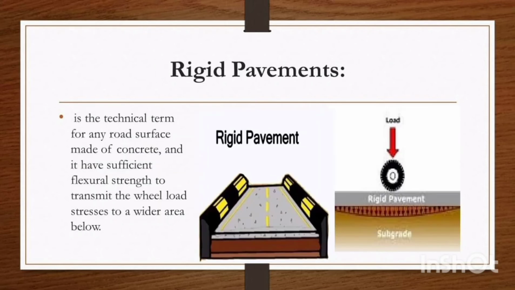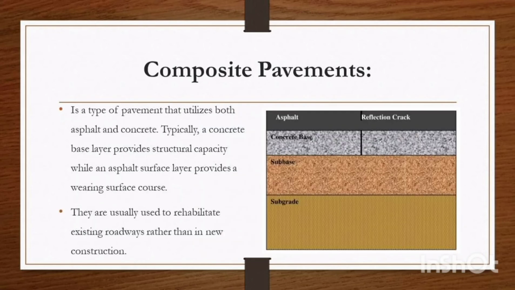The second type of pavements is the rigid pavements. It is the technical term for any road surface made of concrete, and it has sufficient flexural strength to transmit the wheel load stresses to a wider area below. And the third type of pavements is the composite pavements. It is a type of pavement that utilizes both asphalt and concrete.